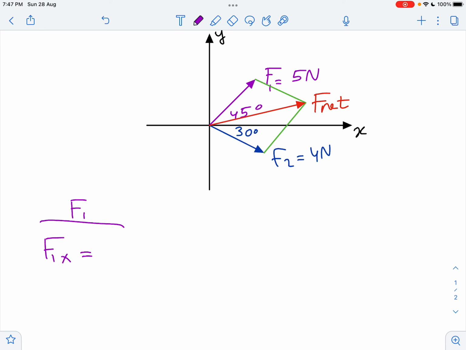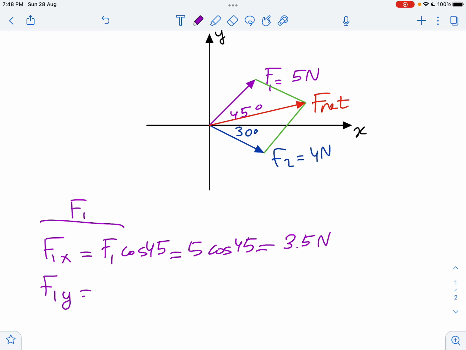F1x is going to be F1 cosine 45 degrees. So it's going to be 5 multiplied by cosine 45. You will get around 3.5 newtons.